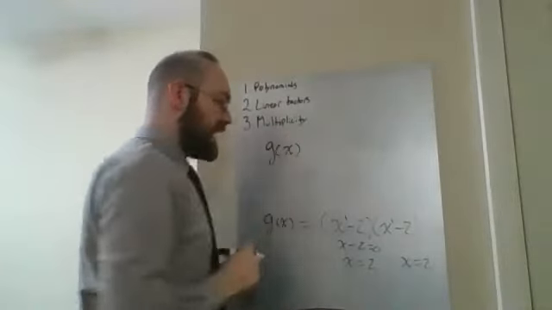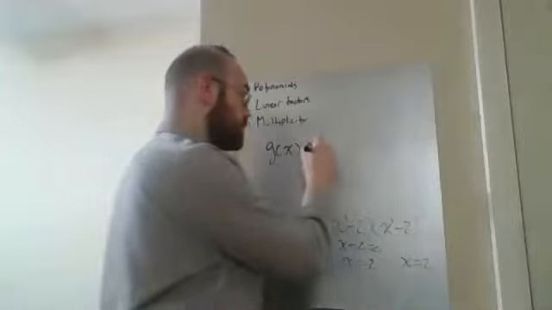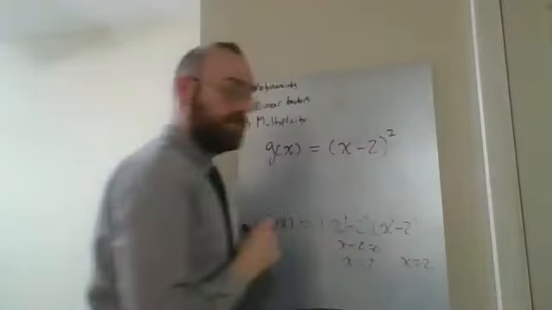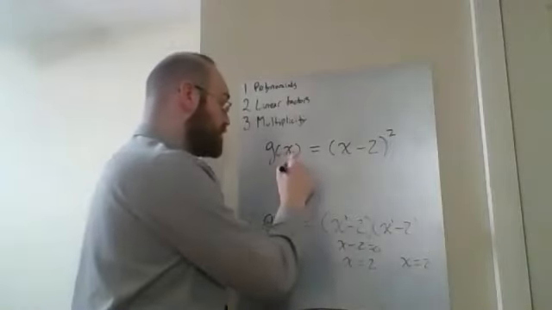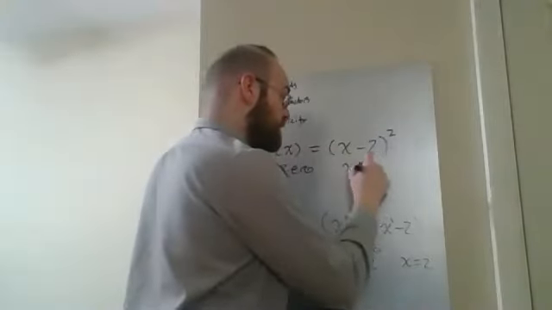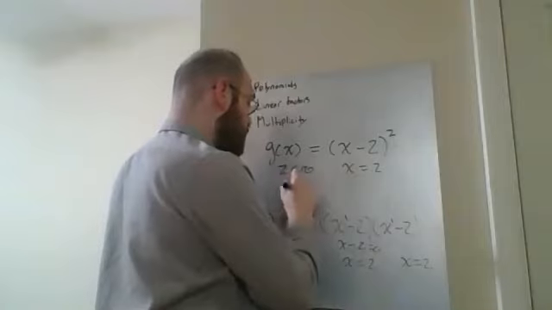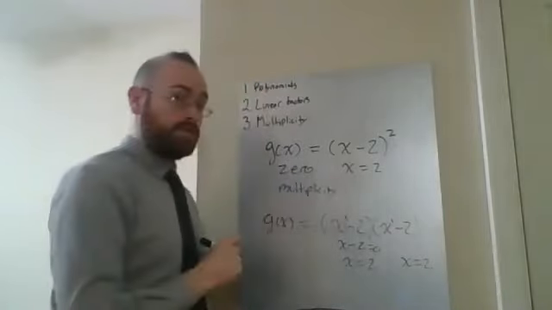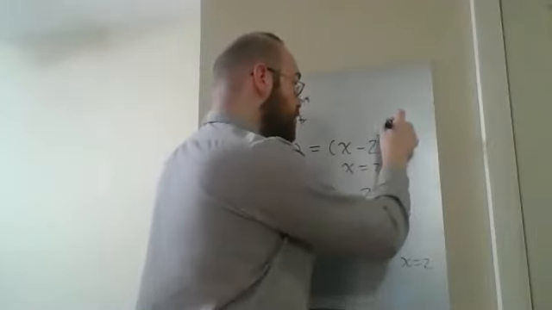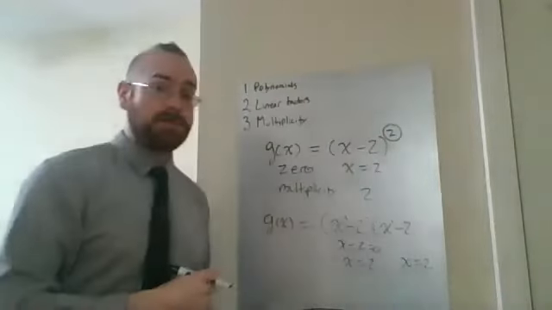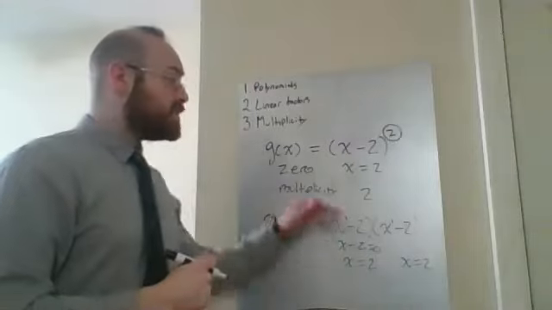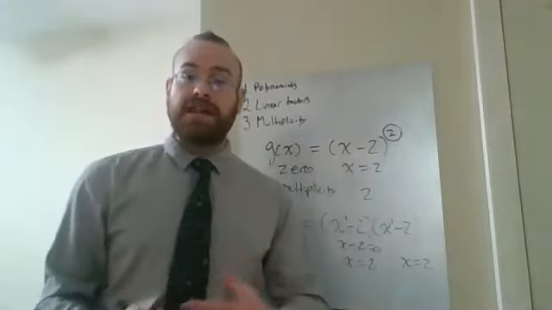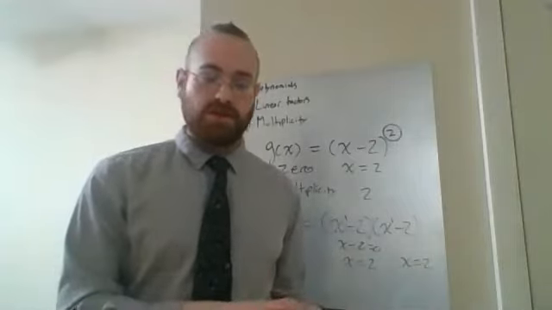Instead of writing x minus 2 times x minus 2, we could just write x minus 2 squared. And now our 0 is x equals 2, and the multiplicity of this 0 is 2, which just so happens to be the exponent on that factor. So when we simplify our linear factorization, the exponent tells us the multiplicity of that 0.